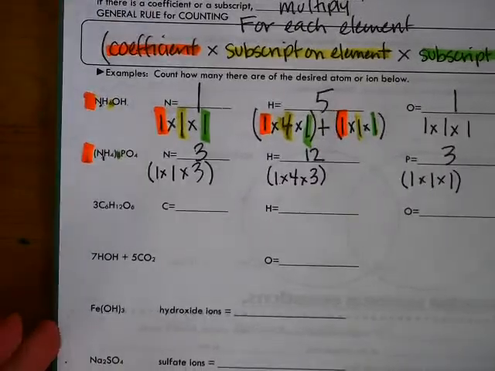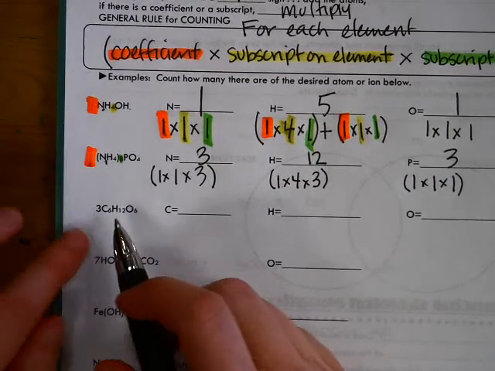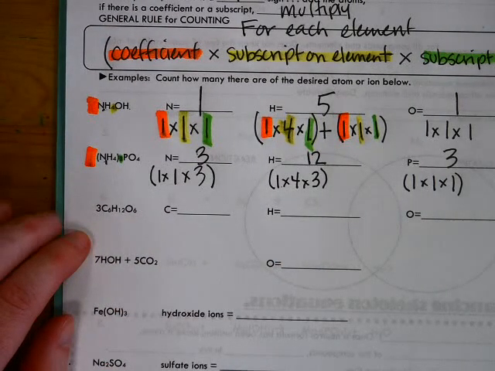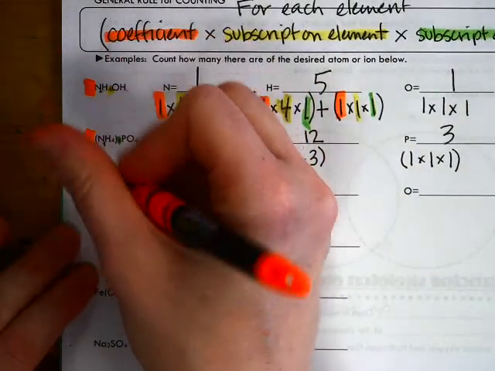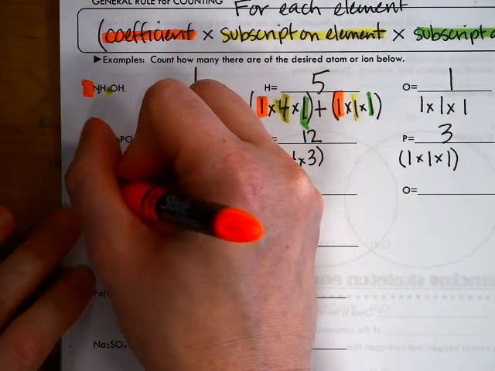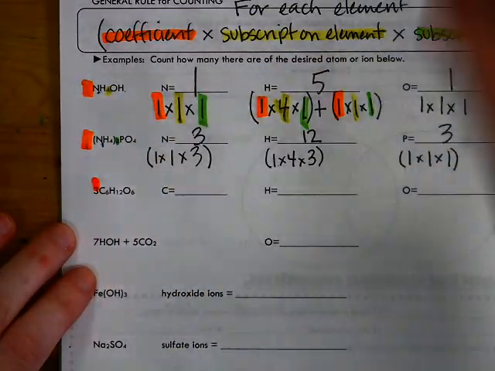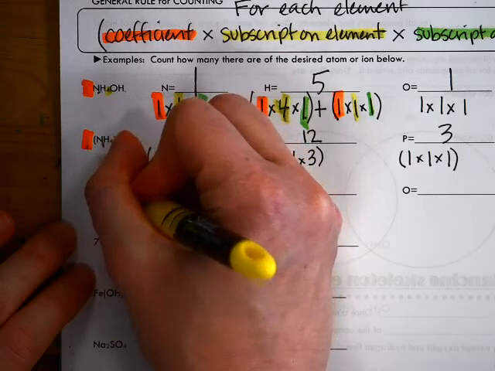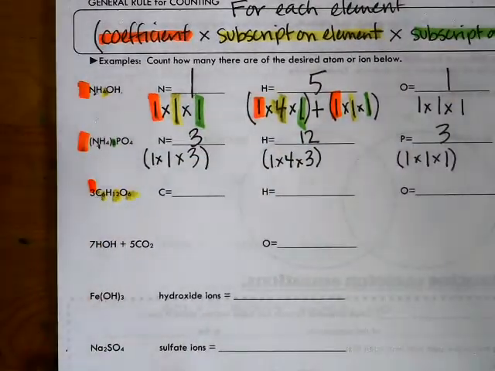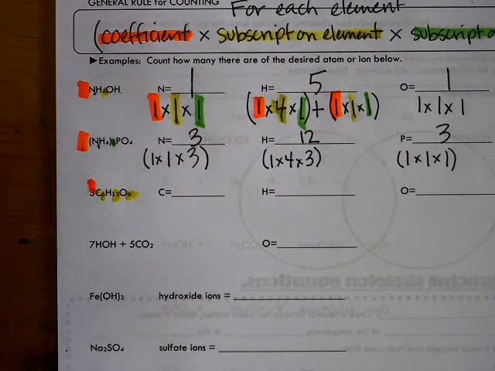Let's take a look here at our next one, which is glucose. I do have a coefficient right here, don't I? Okay, I have some subscripts. Do I have any parentheses? No parentheses.